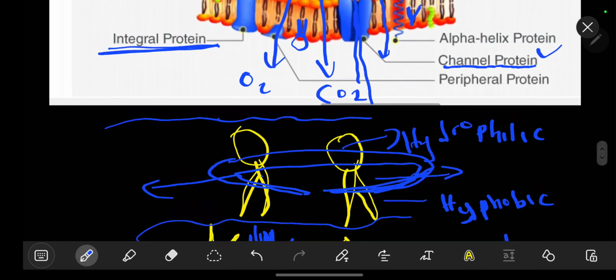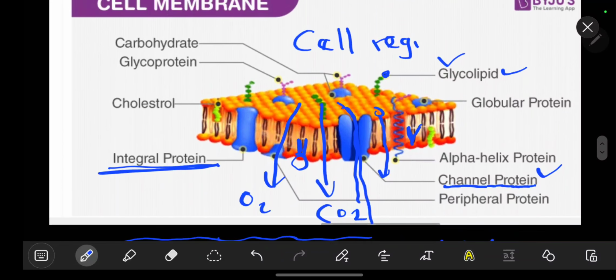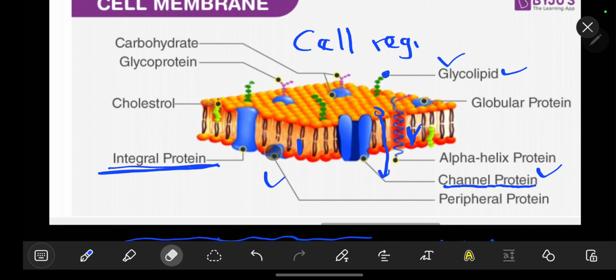Now, there are a lot of substances that dissolve in water. Therefore, they will also need a special way of passing. That is what we call facilitated diffusion. Facilitated diffusion is simply the type of passive transport in which substances pass through channel proteins.